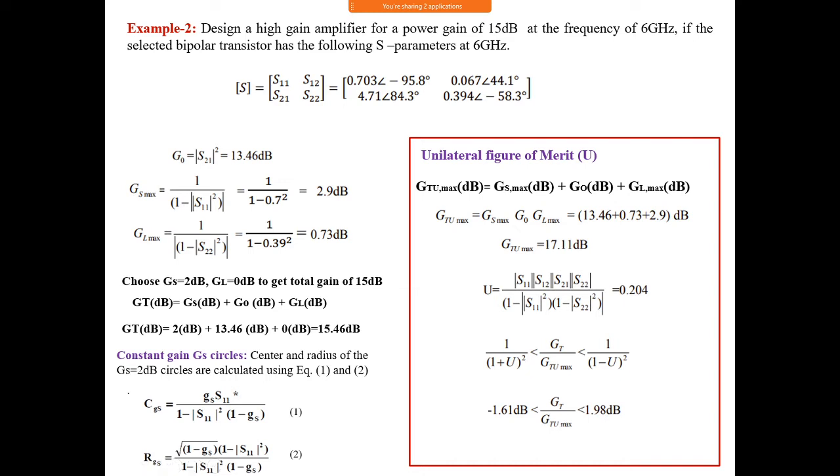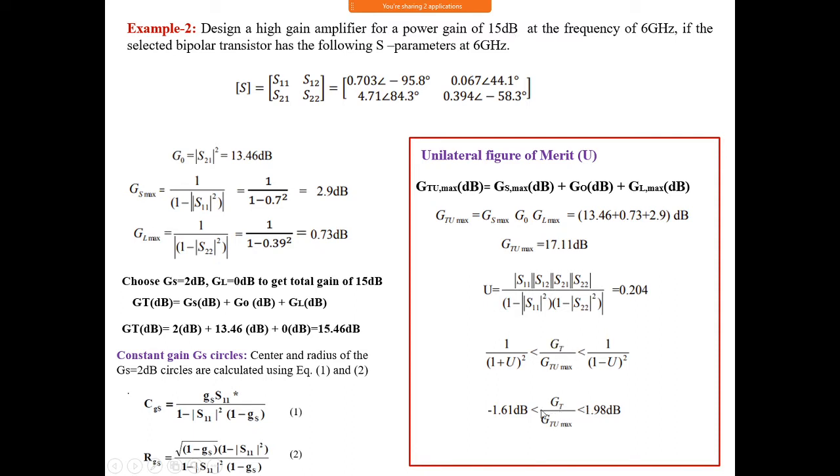So in this problem, this is GT. I already told you GT is the gain whatever you needed. This is 15 dB. We needed 15 dB gain, but the GTU maximum we can get from the device is 17.11 dB. So we take a ratio of those two, 15 dB divided by this.